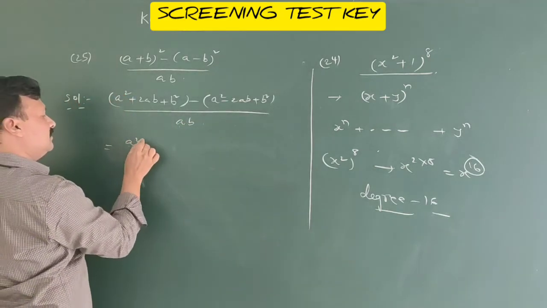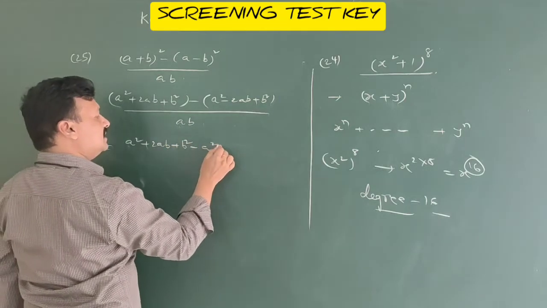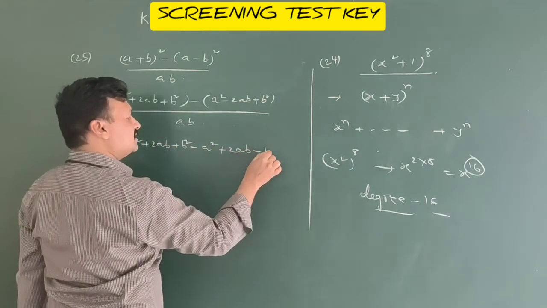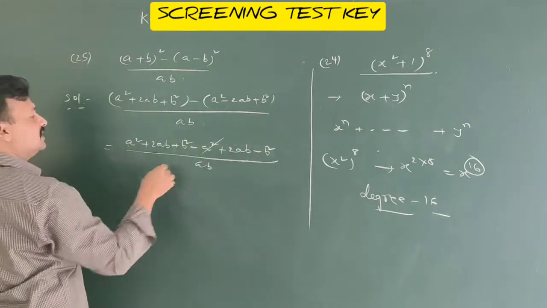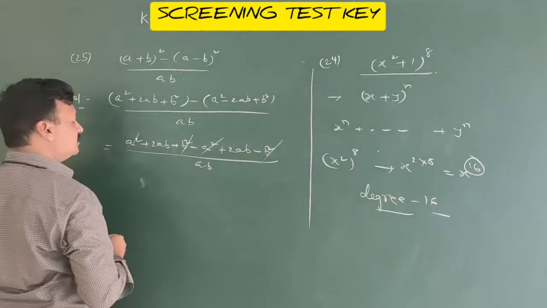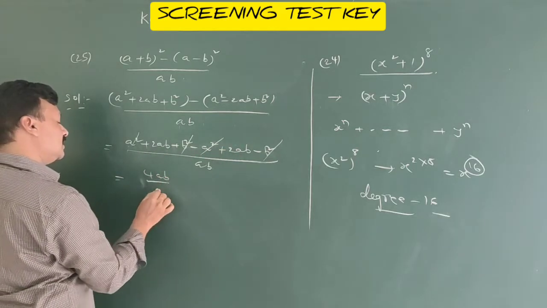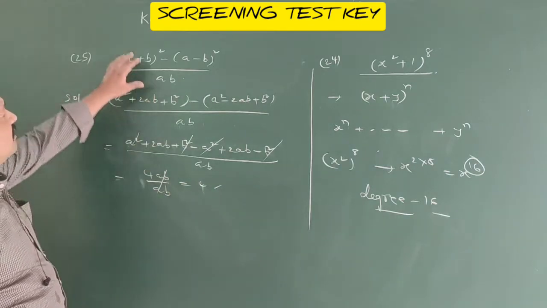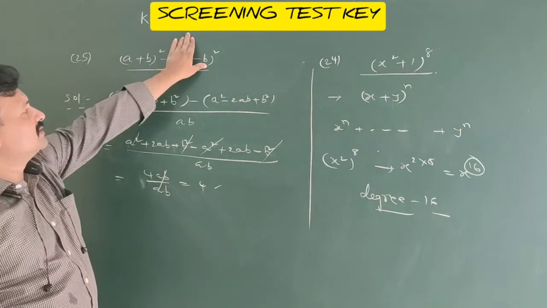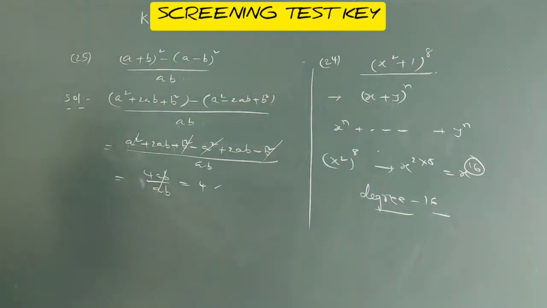So here a square plus 2ab plus b square minus a square plus 2ab minus b square, divided by ab. Here a square, b square get cancelled. 2ab plus 2ab is 4ab divided by ab. Otherwise, we have (a plus b) whole square minus (a minus b) whole square equal to 4ab. 4ab by ab means 4. Directly we can write.